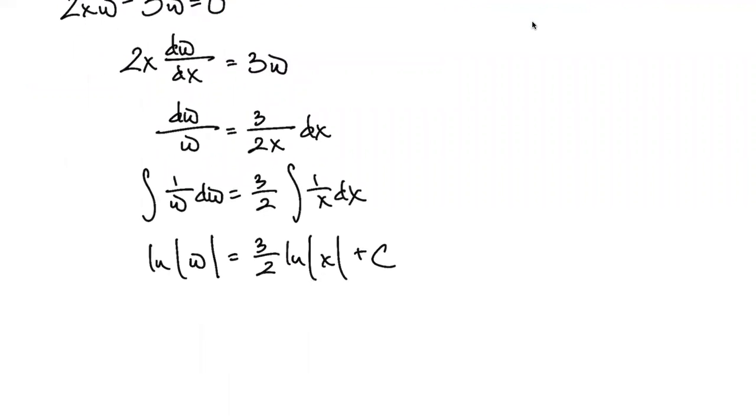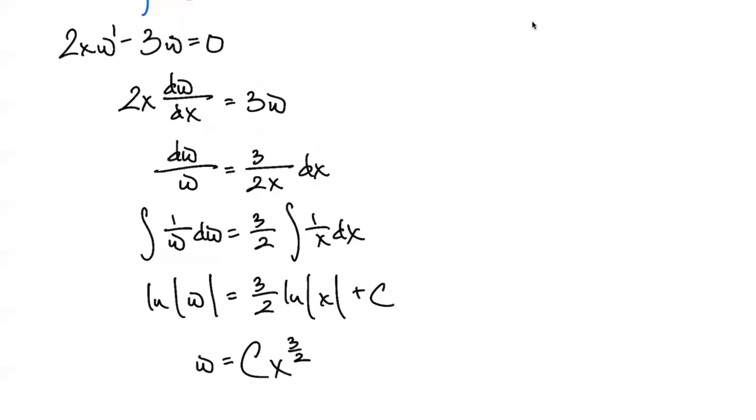We need to have that constant on the right-hand side. I'm going to exponentiate both sides, so I will get w equals c x to the 3 halves.